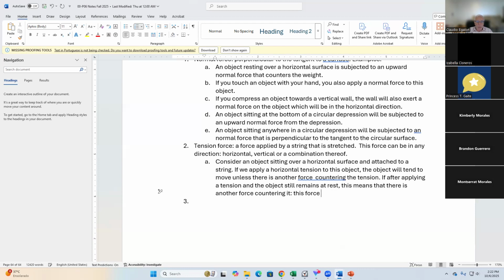This force is usually the force of friction. The force of friction, another contact force. So let's put here force of friction, another contact force. And that's what this illustration is all about.